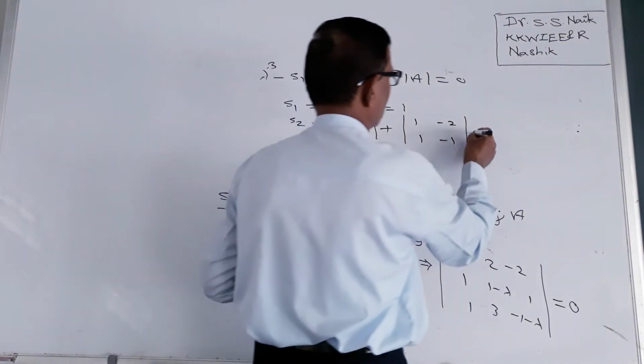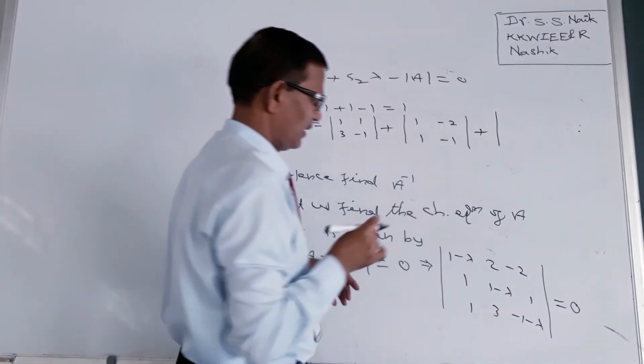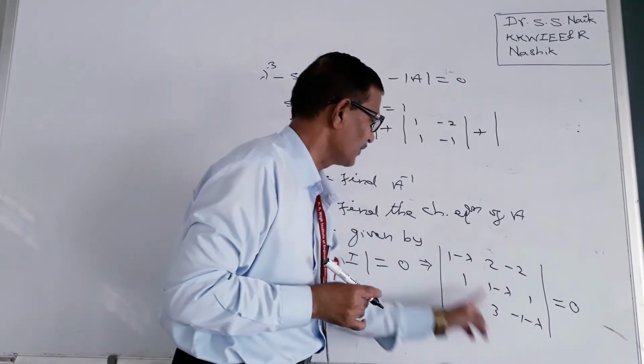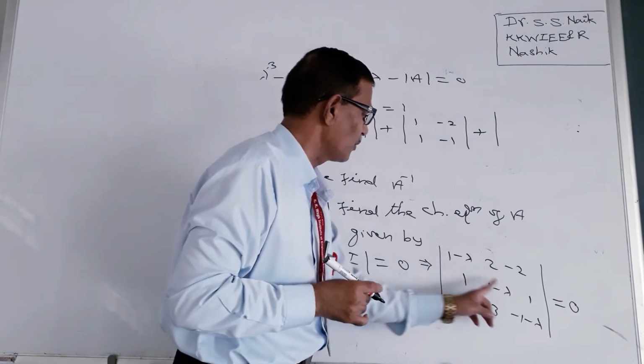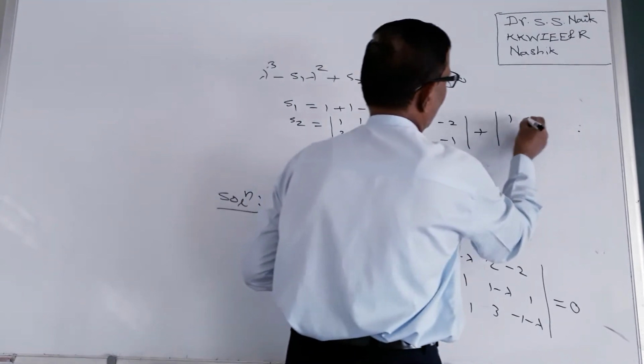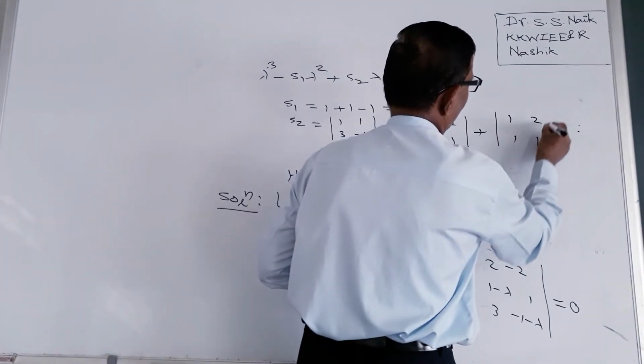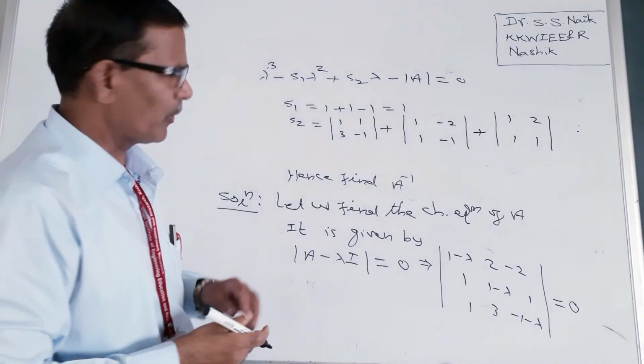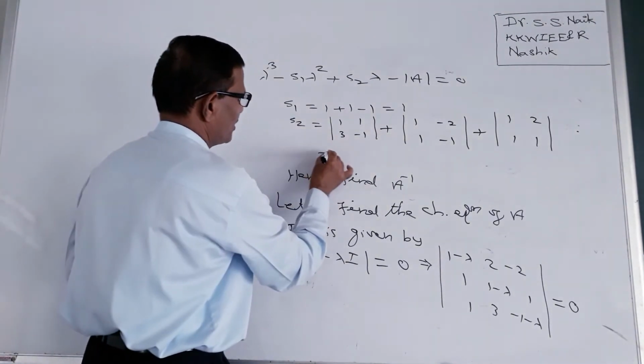Then the third minor: delete this row and this column, giving 1 2, 1 1.